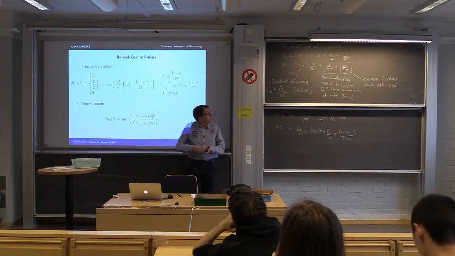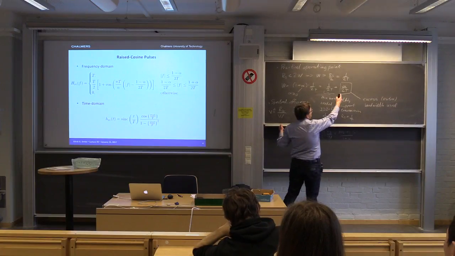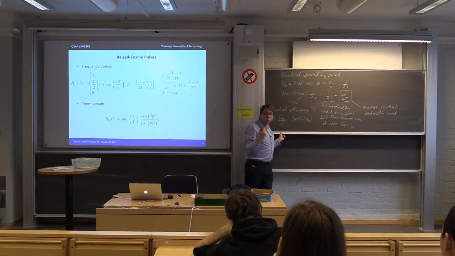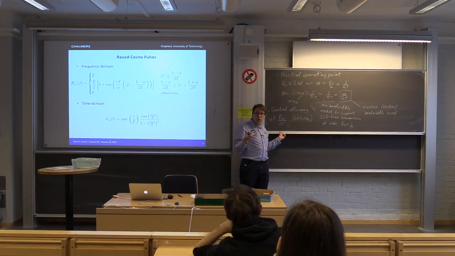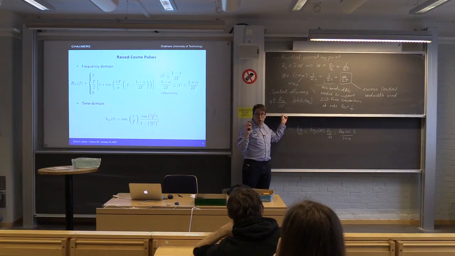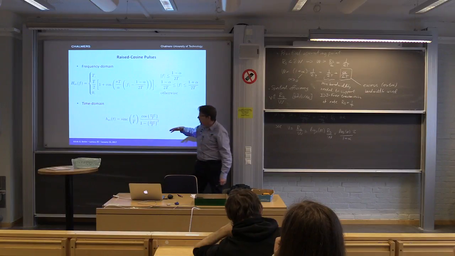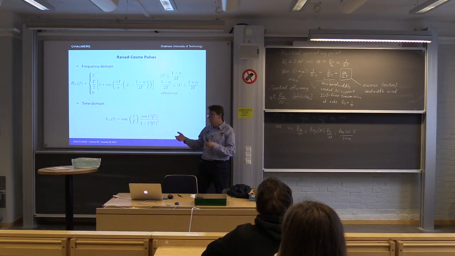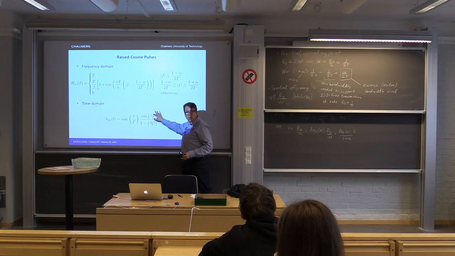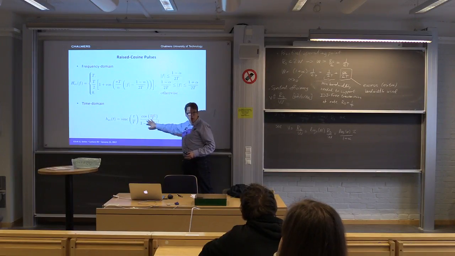So essentially, if we put alpha, the excess bandwidth, to 0, then we are communicating at the maximum rate we can, and then there is only one pulse that works, and that's the sinc pulse. For all other alphas, we have something which is the sinc pulse multiplied with this thing that makes things good for us, as we will see. Okay.